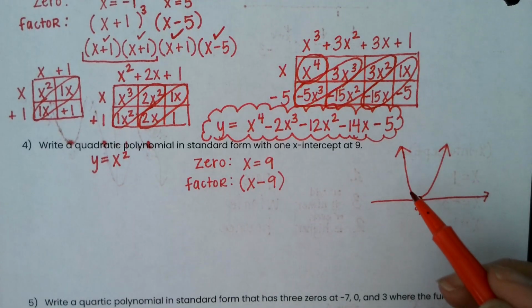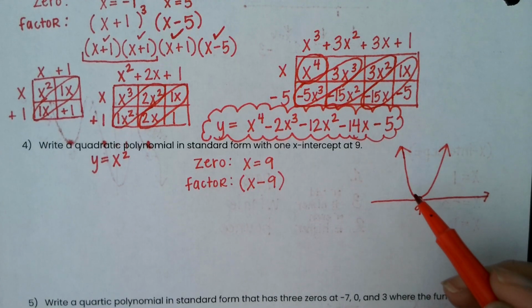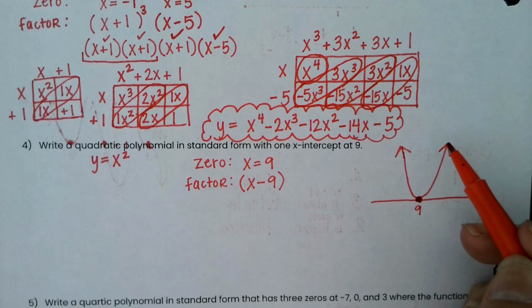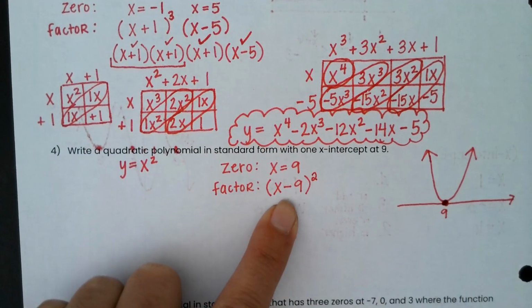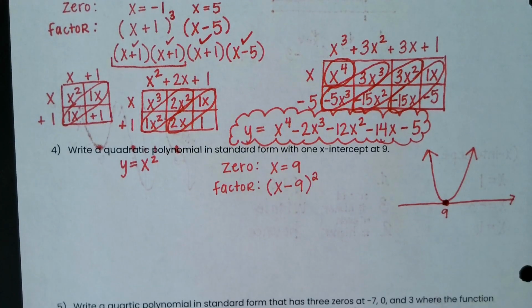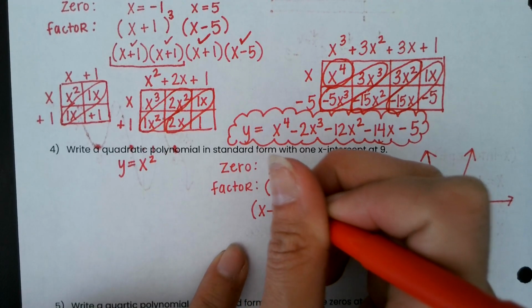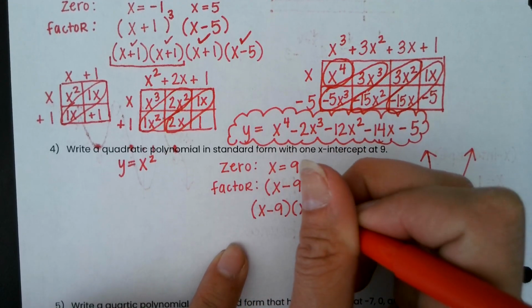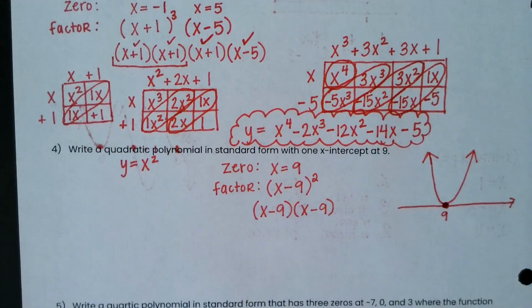And so if we want it to be an x squared graph, it would have to actually bounce off that point. So this x minus 9 has a multiplicity of 2, and then you actually have something you can multiply together. You would just do x minus 9 times itself, because that's what it means when something is squared. There's two of them being multiplied together.